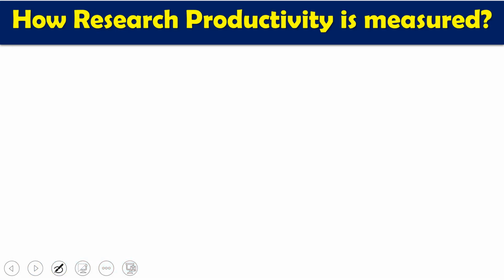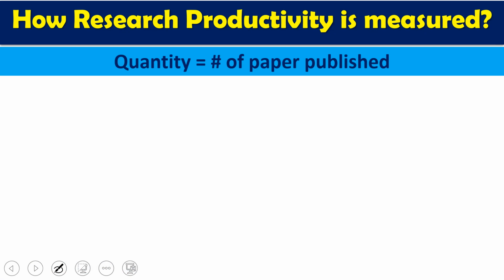The scientific productivity is going to be measured. There are a number of parameters, a number of matrices, by which we measure the scientific productivity of an institution, of an author, a scientist or a researcher. So we have two different kinds of measurable things, in terms of quantity and also in terms of quality.